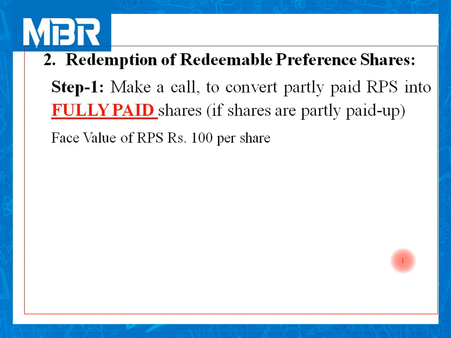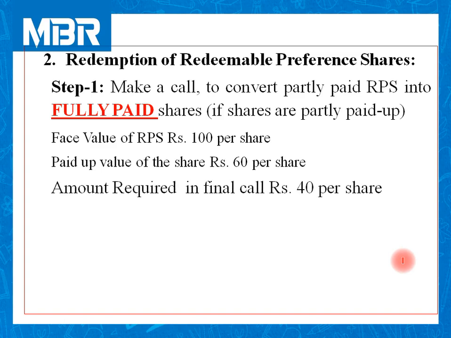Let us check the face value of RPS, rupees 100 per share. You can check the liability side of the balance sheet. Paid up value of the share is rupees 60 per share. It is also given by the examiner.